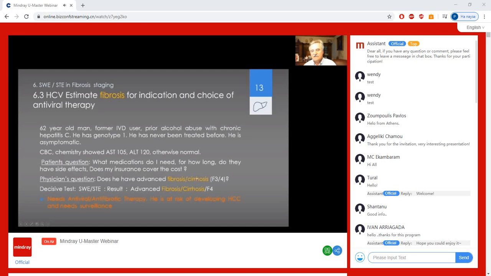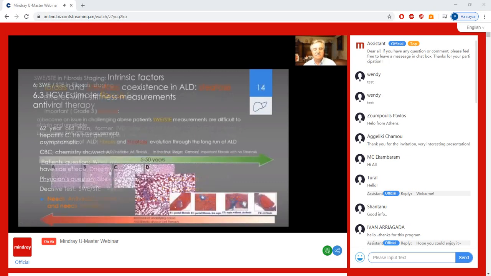Does he have advanced fibrosis or cirrhosis? The decisive test is shear wave elastography, and the result is advanced fibrosis and cirrhosis, meaning that this patient needs antiviral and antifibrotic therapy. He is also at risk of developing hepatocellular carcinoma and needs surveillance.